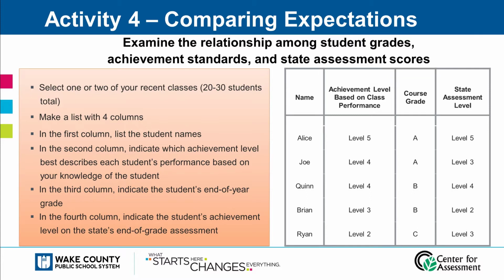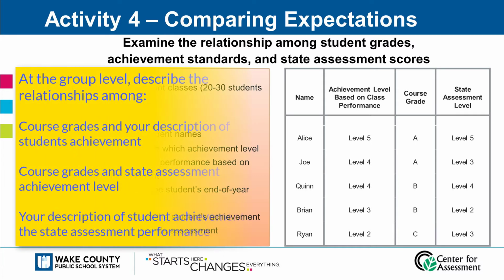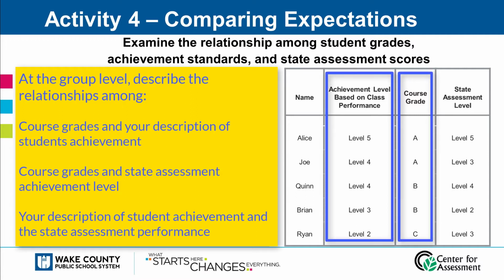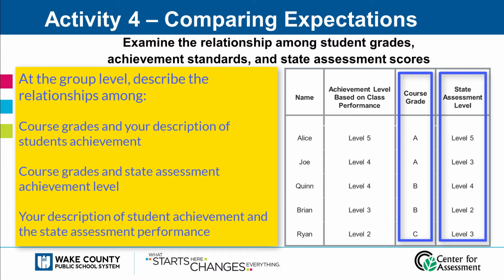When your list is complete, look at the overall relationships among the columns. Is there generally agreement among the 3 descriptions of student performance? At the group level, describe the relationships among your student grades and your description of student achievement. Between your student grades and the state assessment achievement levels.